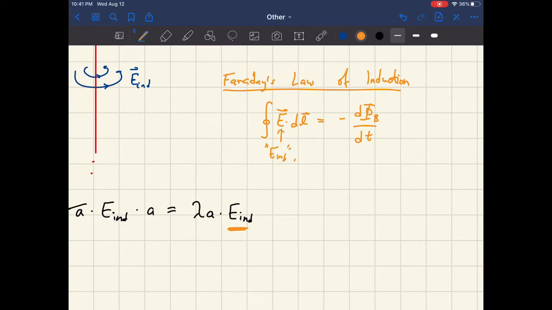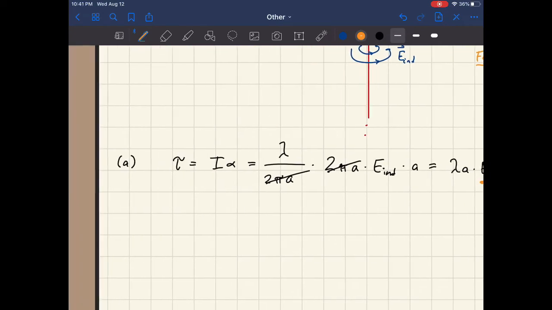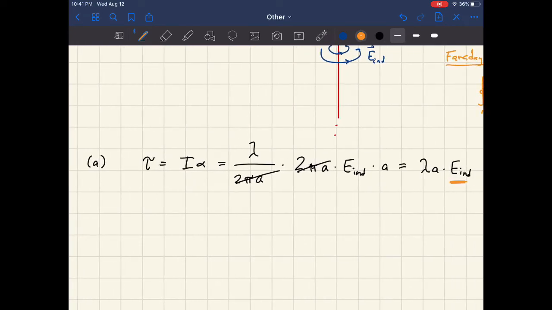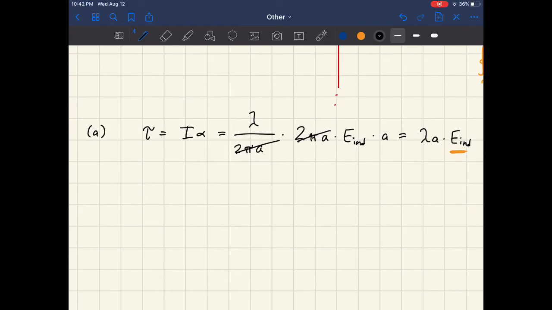Now, how exactly can we apply this formula? Let's look over here. I'll write this in black and then underline it in orange. I'm going to write the formula again: E induced dot dl, because we're working with vectors, is equal to negative d phi B dt.